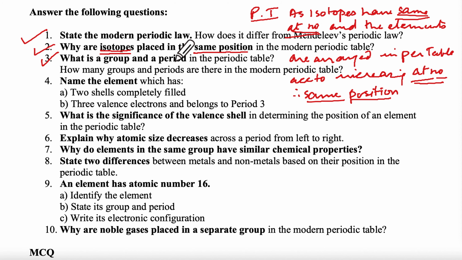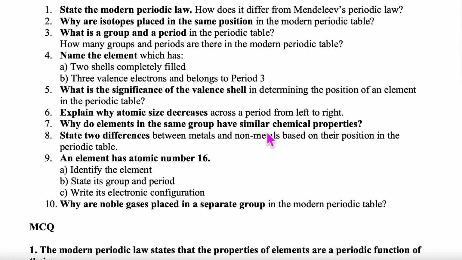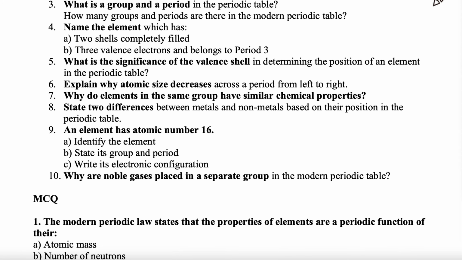Now, what is a group and a period? This is learning work. How many groups, periods? You can do that on your own. We don't have to sit and solve everything. Name the element which has two shells completely filled. That means 2, 8, which is neon, period 2 and group 18. Three valence electrons means 2, 8, 3, correct? 2, 8, 3 is aluminium.